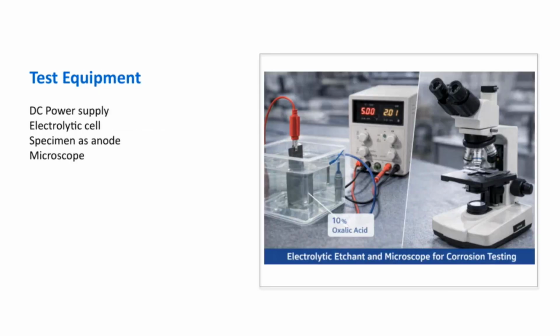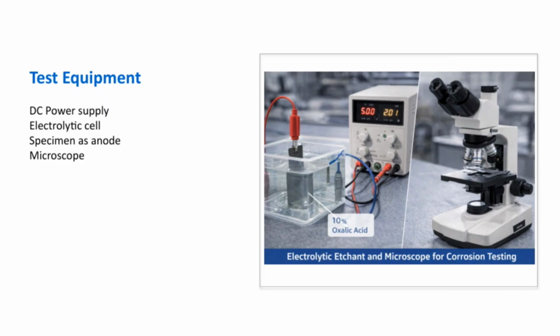Let's take a closer look at the test equipment we'll be using in this setup. First, we have the DC power supply, which provides a stable and controllable source of direct current, essential for maintaining consistent conditions during our experiment. Next is the electrolytic cell, the core component where the actual electrochemical reactions happen. The specimen itself acts as the anode, meaning it's the electrode where oxidation occurs. It's crucial to observe how it interacts within the cell.